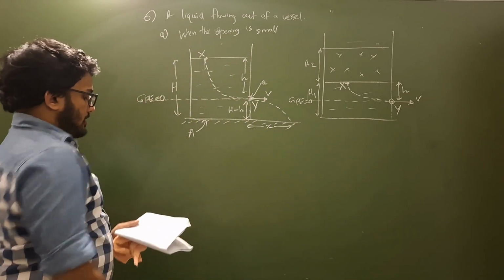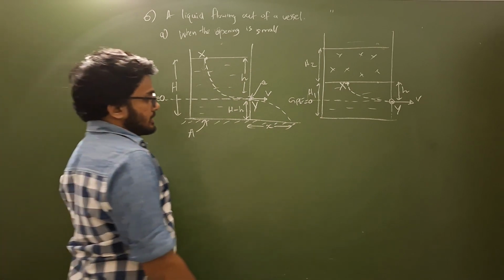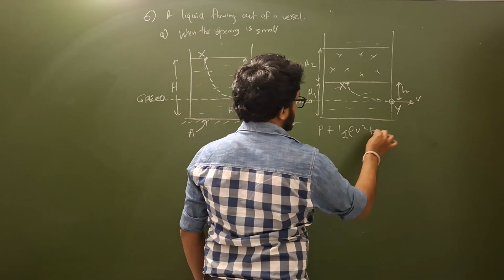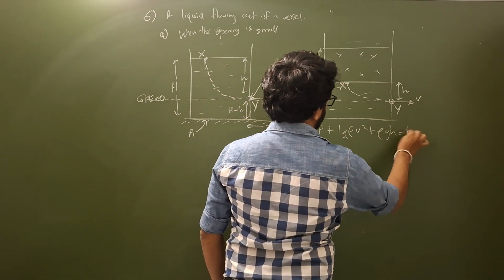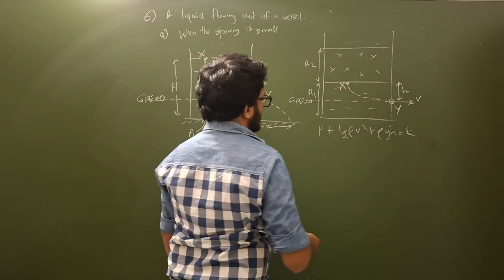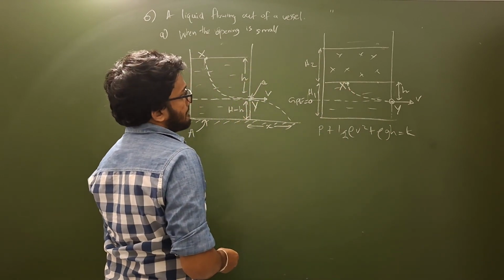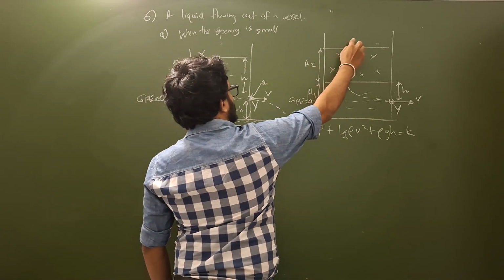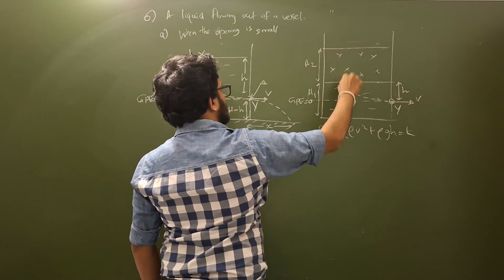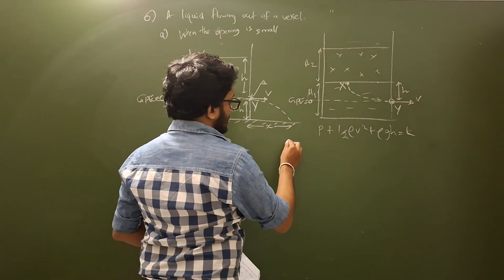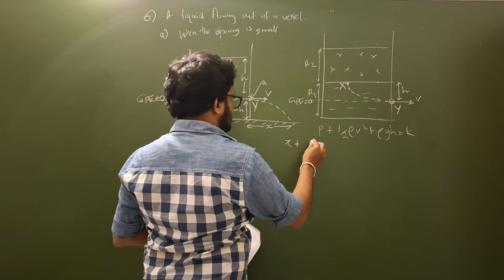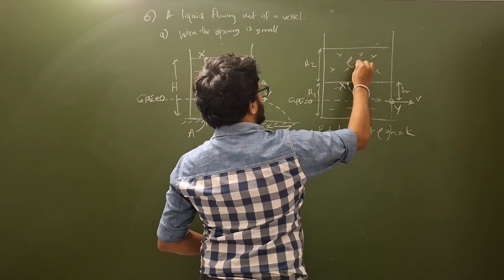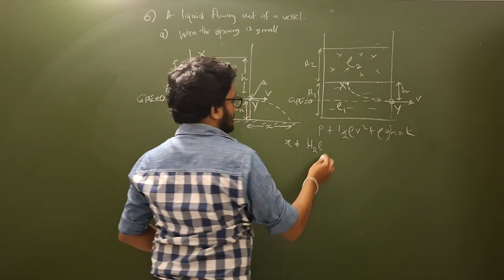Now if we apply Bernoulli's equation, Bernoulli's theorem is p plus half rho v squared plus rho gh equals constant. If we apply it to this point x, the pressure at this point is atmospheric pressure plus pressure due to this liquid column. So it is P atmospheric plus h2 rho 2 g, let's take this as rho 2 and this as rho 1.